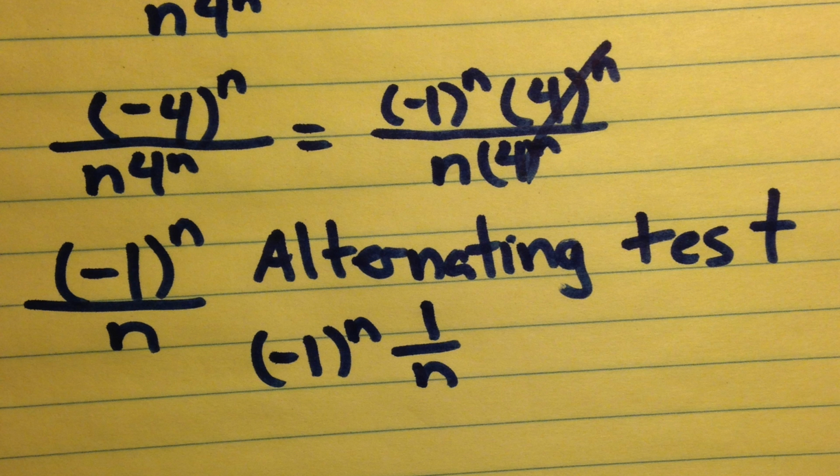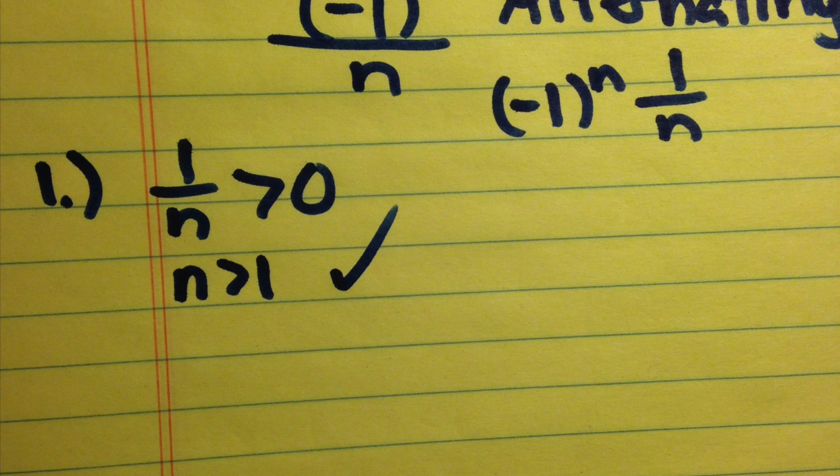After some simple algebra, we see that those 4^n's cancel out, leaving us with (-1)^n divided by n, which means our b_n equals 1 divided by n. The first thing we want to know is that our b_n will always be greater than 0, which means it's positive. And because n is always greater than or equal to 1, we will never have a negative number. So it passes this first part of the test for convergence.